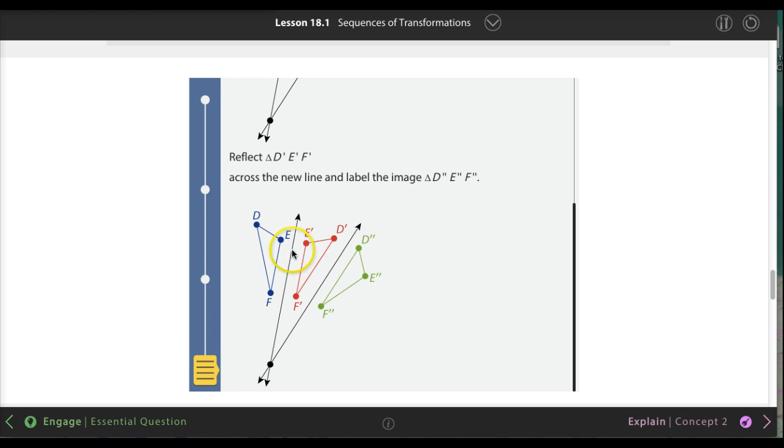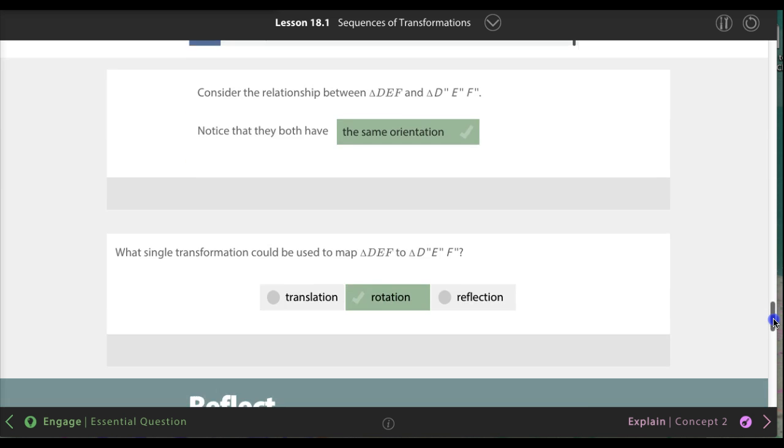You notice how if you didn't look at the red one, just look at the blue and the green, they look the same. Although you reflected the blue triangle two times, if you just looked at the blue and the green, it kind of looked like you rotated by this much, whatever the degree would be. I would say it's less than 90 degrees, obviously, right? So that's the whole point, okay?